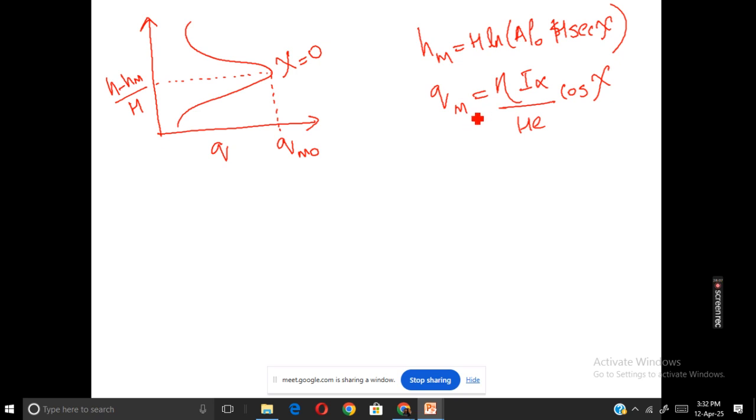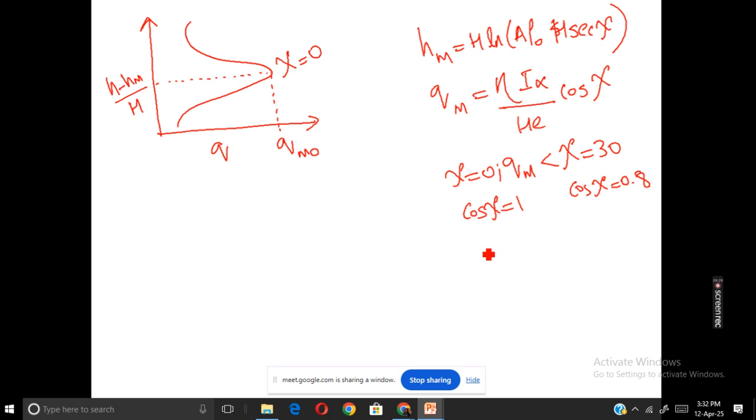So the value of Qm when chi is equal to 0 will be greater than when chi is equal to 30, because in this case cos chi is equal to 1, and in the other case cos chi is approximately 0.8.